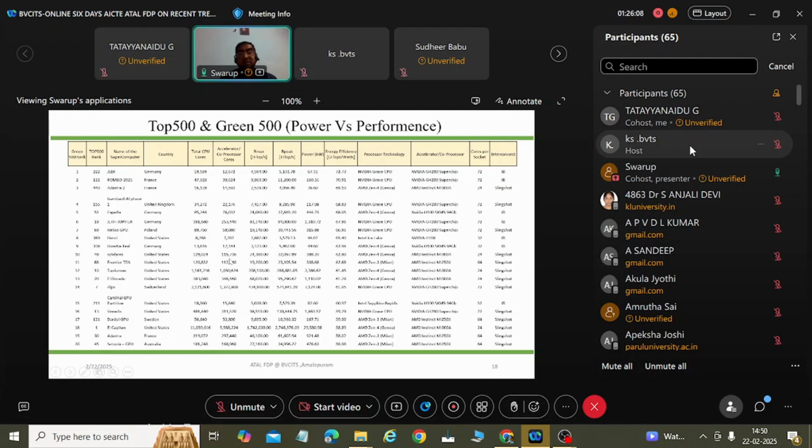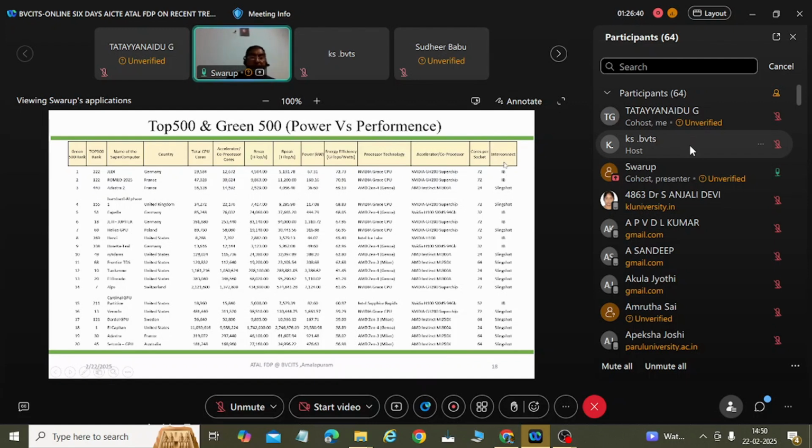You see Rmax, Rpeak, power consumption, energy efficiency, the processor technology, the coprocessor or GPU technology, cores per socket, and the interconnect. So this gives the entire overview of the particular HPC system. Look at the Top500 and compare it with the Green500 to see how it performs in power efficiency.